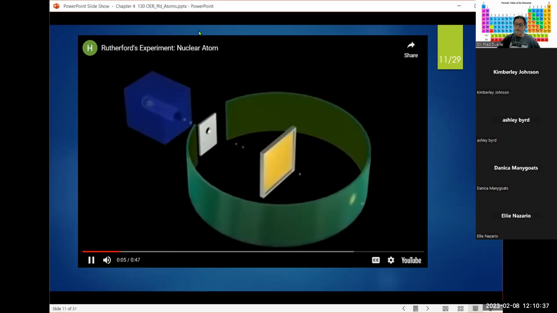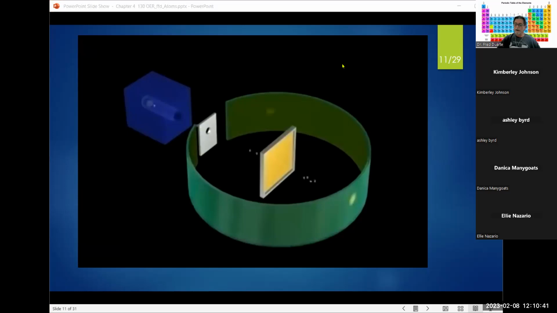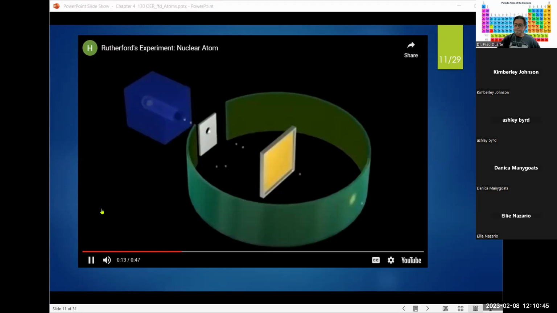In 1910, Rutherford and his co-workers were studying the angles at which alpha particles were scattered as they passed through a thin gold foil. Most of the alpha particles passed through undeflected. However, a few were... Notice here that the majority of the alpha particles were traveling, and they're hitting, and they go right through the foil and generating the fluorescent light on this side here, okay?